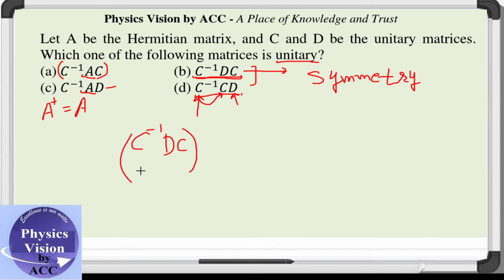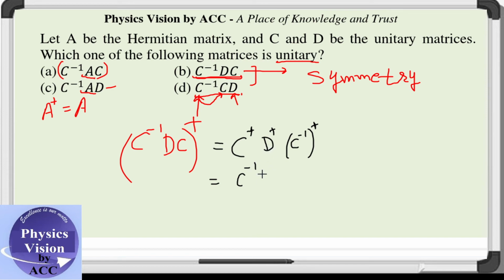So when we go for this, we'll take its dagger. What will we get? By the reversal property, we'll get dagger of C here, and then we'll get dagger of D, and then we'll get dagger of C inverse. Okay, since we have C dagger is C inverse, what about this D dagger?